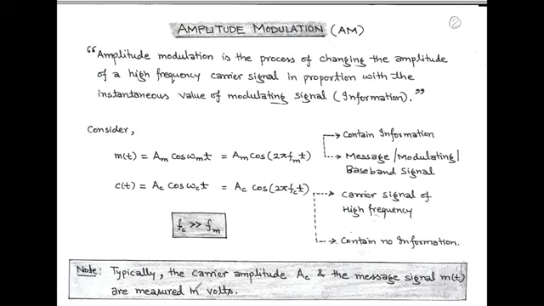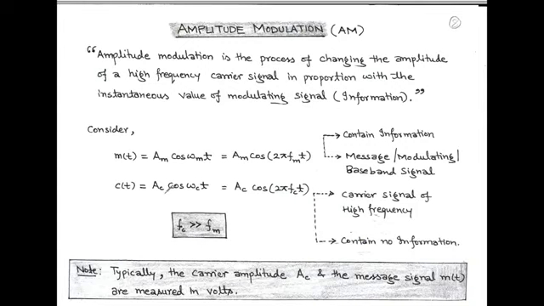Here the message signal contains information only, and the purpose of the carrier wave is just to carry this information from one place to another. And here we talk about amplitude modulation, so the amplitude of the carrier signal is changed according to the message signal.